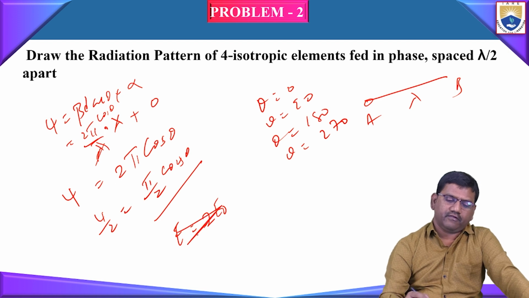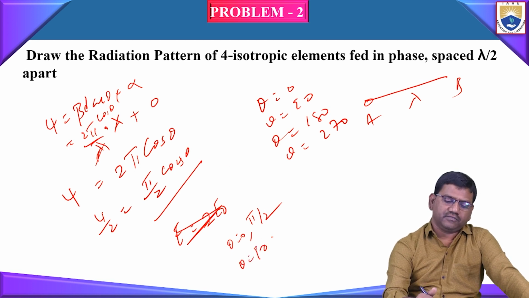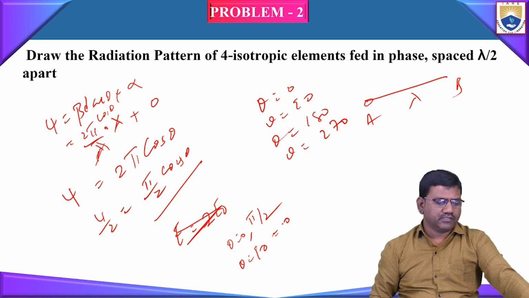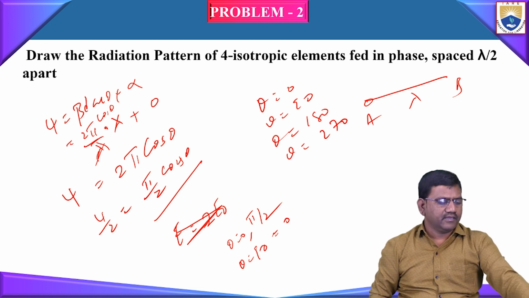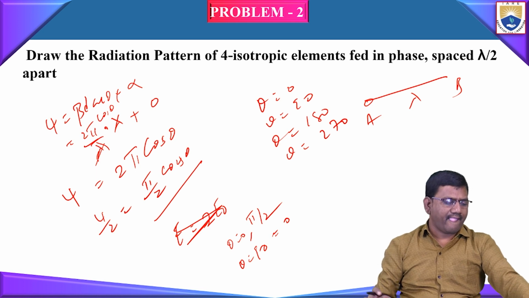When theta is equal to 0, you will get pi by 2. When theta is equal to 90, cos 90 is 0. So if you draw the radiation pattern for two elements separated by lambda, you will get it here.